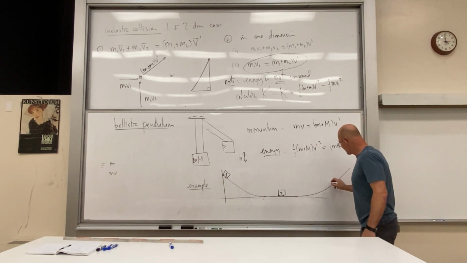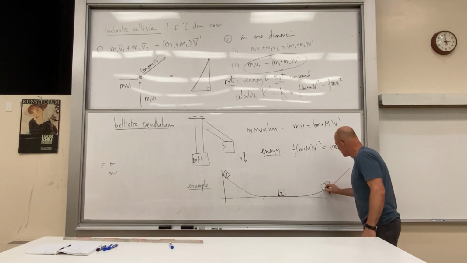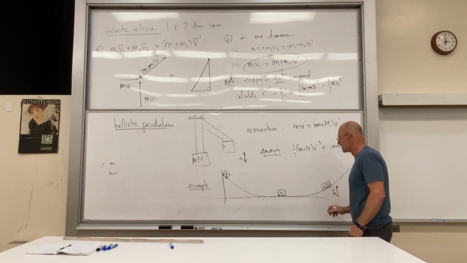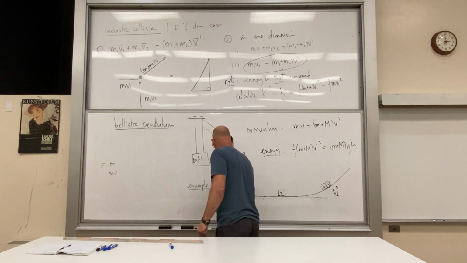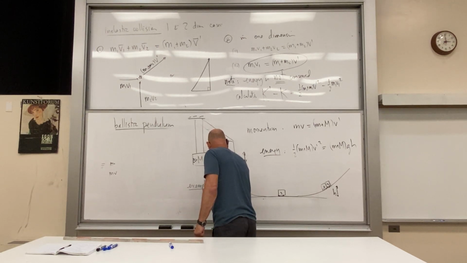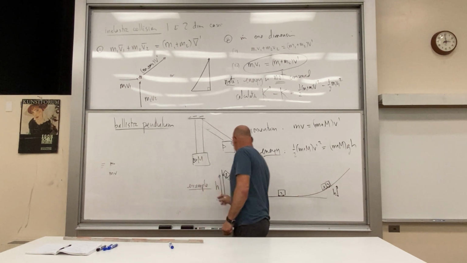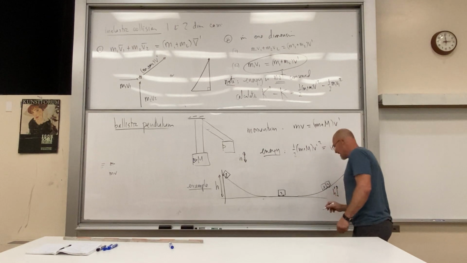And then they stick together and roll up the hill and finally come to a stop. Given this initial height h, what's this height h prime going to be?